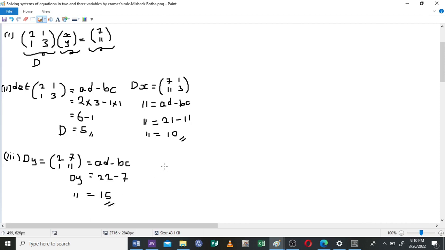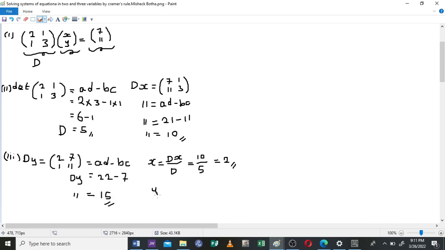Now how do we find the values of x and y? We write x is equal to the determinant of matrix Dx divided by the determinant of matrix D, which is the matrix of coefficients. The determinant of matrix Dx was 10, right? That was the value that we calculated, divided by D. Now this gives us x is equal to 2.